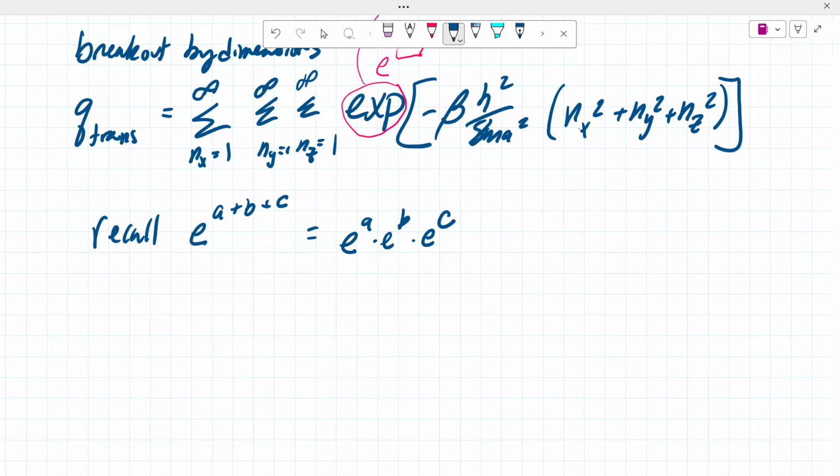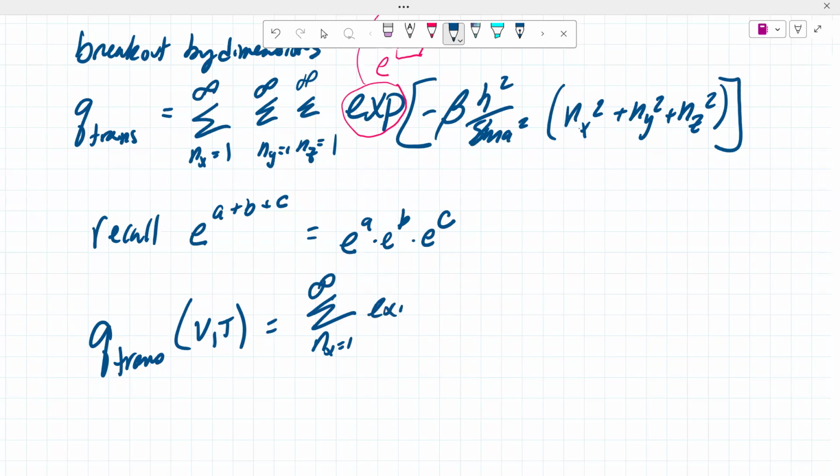Okay, so next we do Q trans. It helps if you do the subscripts to look like subscripts. Q trans of V and T equals, right, you ready? All these terms. So now this is where we got the sum from. What do you suppose this one's going to be? Sum over n sub x equals 1 to infinity of what?